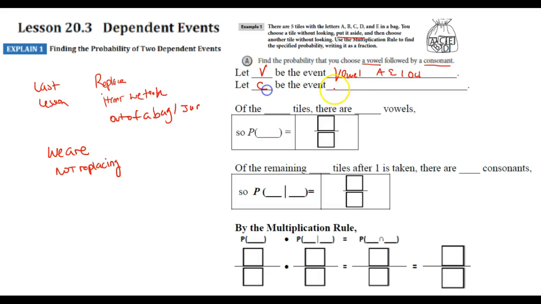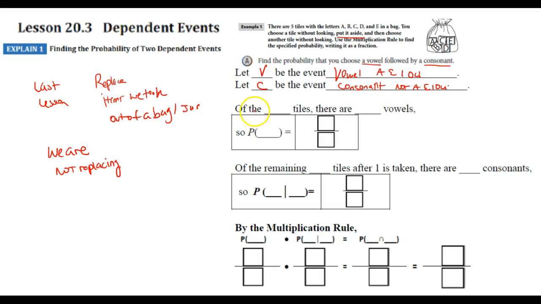A consonant, on the other hand, is pretty much all the other letters that are not A, E, I, O, and U, because there are way too many letters for me to write down. Pretty much all the rest of the letters in the alphabet.